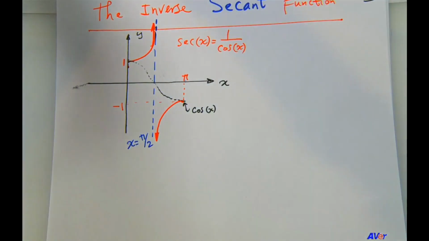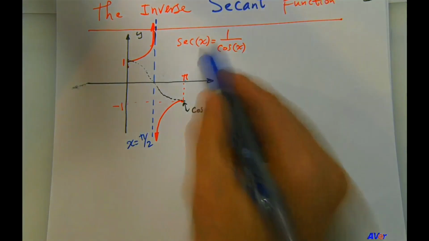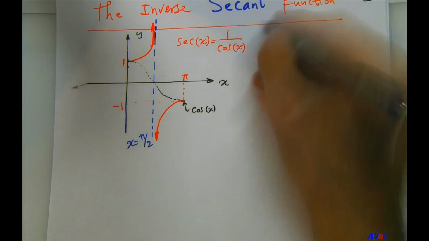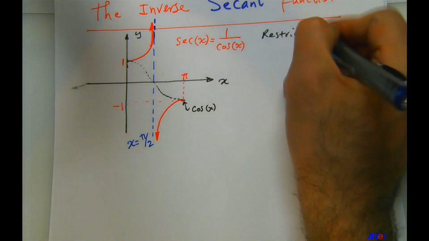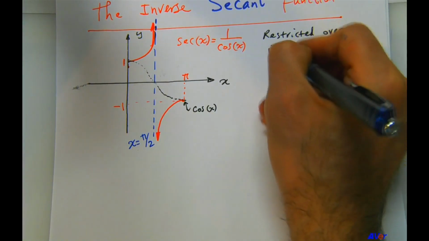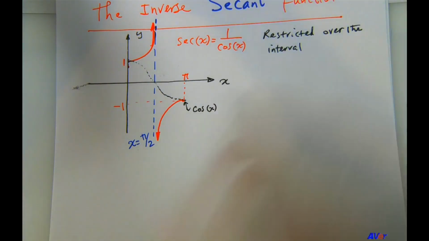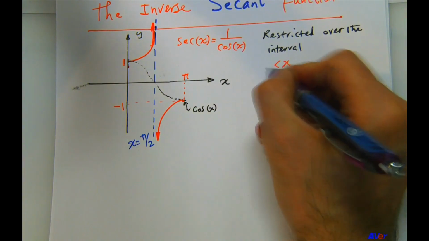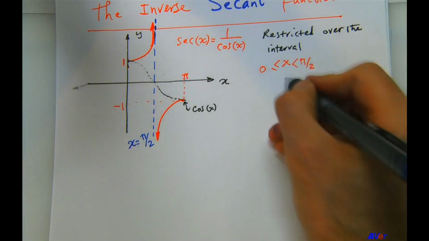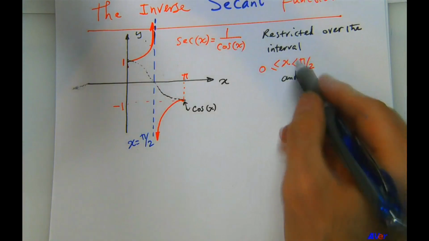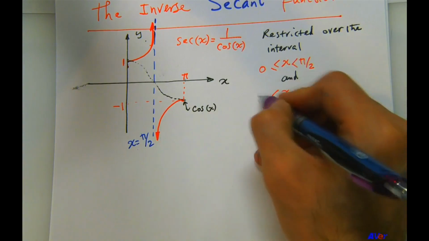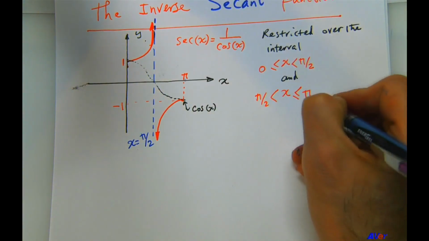Okay, so the secant function is restricted over the interval x between 0 and pi over 2, and, right, this and that, not this or that, but this and x between pi over 2, greater than pi over 2, less than or equal to pi.